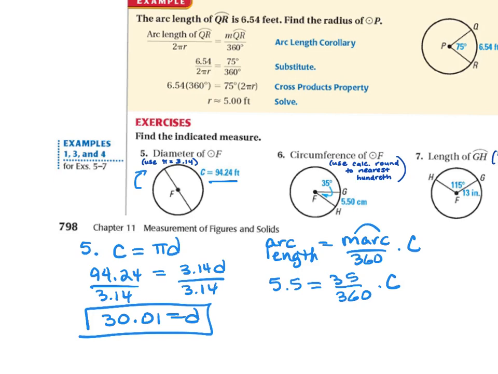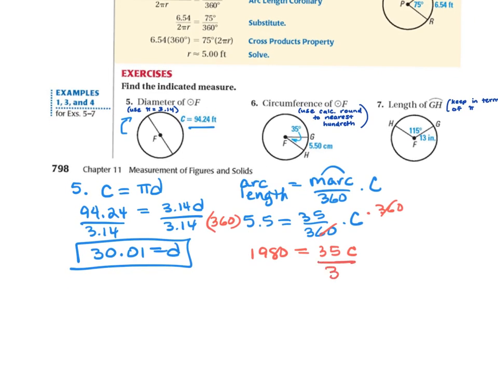In order to solve for this, I need to get C by itself. So I could either multiply by the reciprocal, or if you want to show it step by step, multiply both sides by 360. And then 360 times 5.5 is 1980. And now I'm left with 35C.